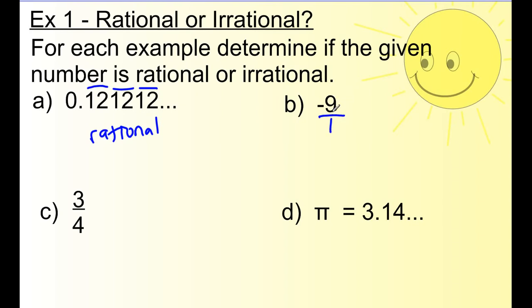So negative 9 over 1 is a fraction, which means this number is rational. Letter C here is already a fraction, 3 over 4. Since it's already a fraction, yes, this number is rational because you can write it as a fraction.